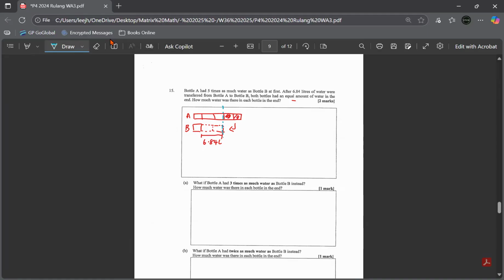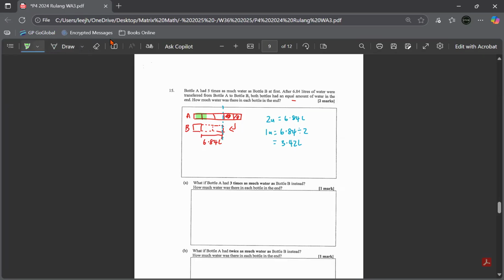Right? So I'm going to ask myself how to solve this. So you can see 2 units is actually 6.84 liter. Look for 1 unit, 6.84 divided by 2, which is 3.42 liter. I want to find how much water was there in each bottle in the end. Each bottle will have 3 units in the end.